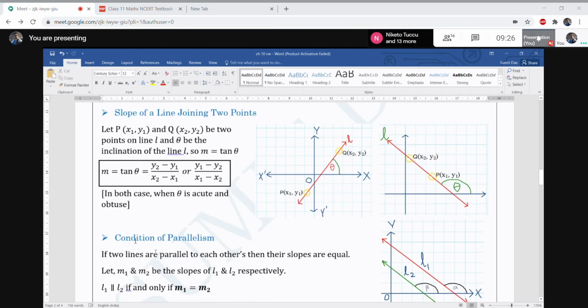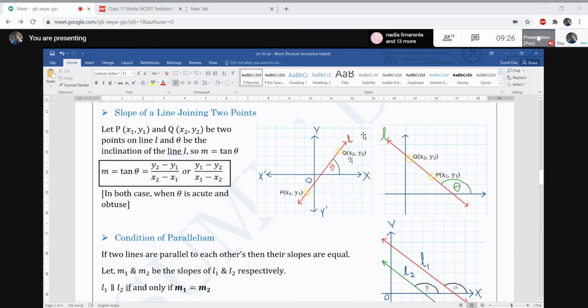When two points on a line are available, we can find the slope like this: y2 minus y1 divided by x2 minus x1, or y1 minus y2 divided by x1 minus x2, because if you take minus common you get this. So this is a very, very important formula, actually the first formula of this part.